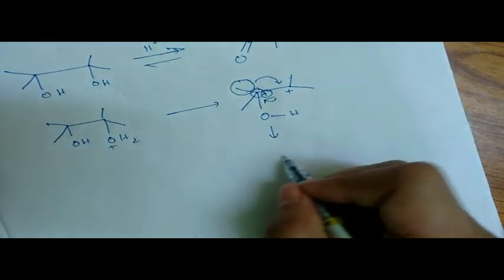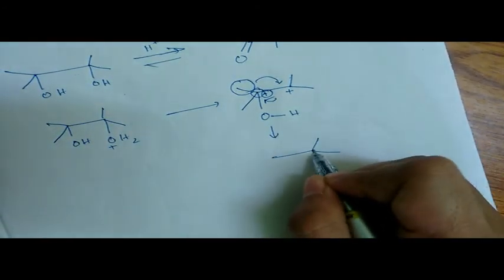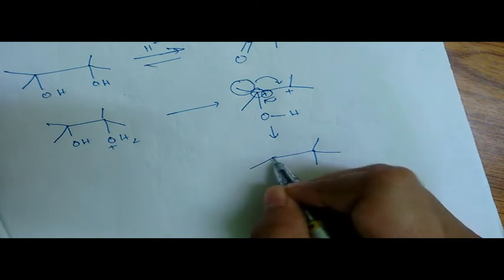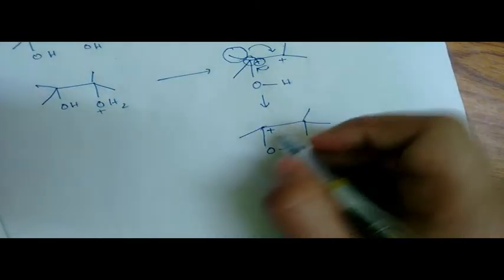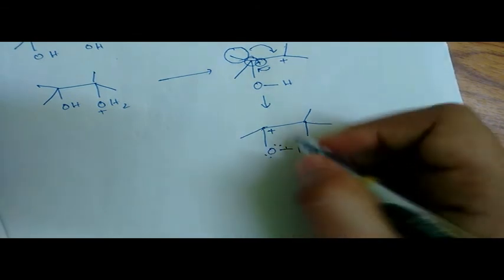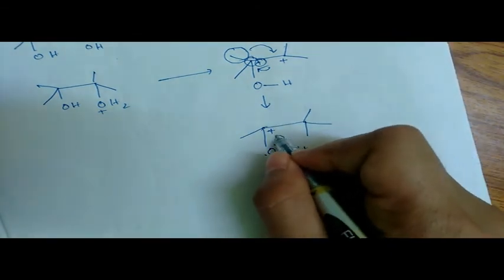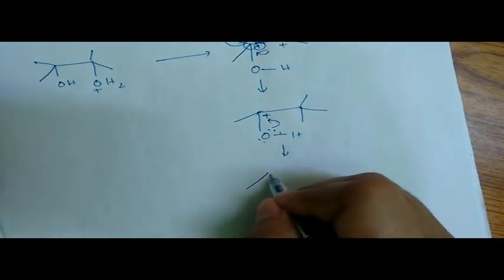So to stabilize this carbocation, the lone pair will attack and it will form a double bond.